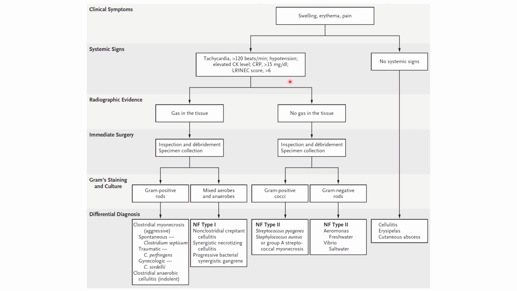But essentially, when necrotizing soft tissue infection is suspected, the team uses radiographic imaging to identify if they can see gas. That's done very early, because if there is gas seen, that leads us to Clostridial species, whereas if there is no gas, that's more likely to be Streptococci and other organisms.